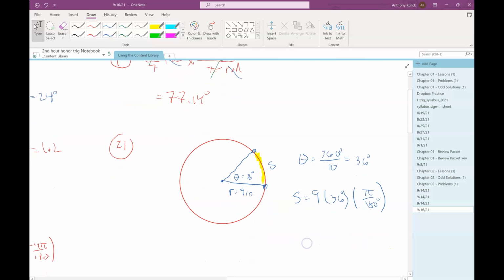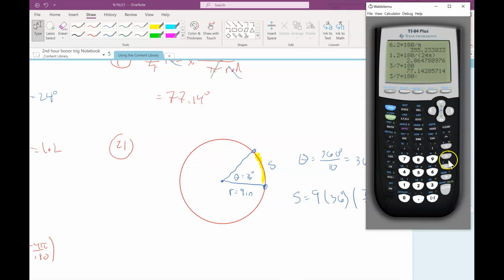And now it's just calculator time. So 9 times 36 times pi divided by 180. Oops. I had a whole bunch of other stuff going on there. Try it again. 9 times 36 times pi over 180.